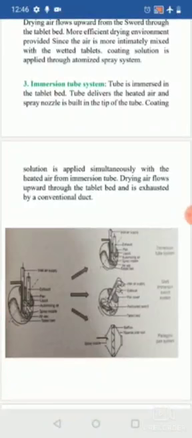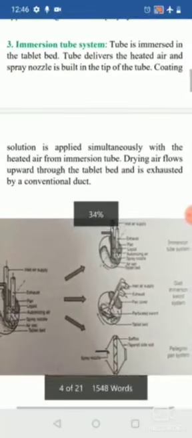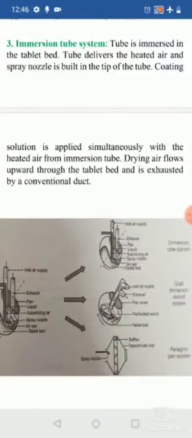If you modify it, when coming to the immersion tube system, there will be a tube put at the bottom, which is going to spray the air as well as the coating solution simultaneously, and there will also be the exhaust. There will be the atomizer to spray the coating solution, as you can see, and the air supply also. The duct is going to remove the heated air once the tablets are dried.